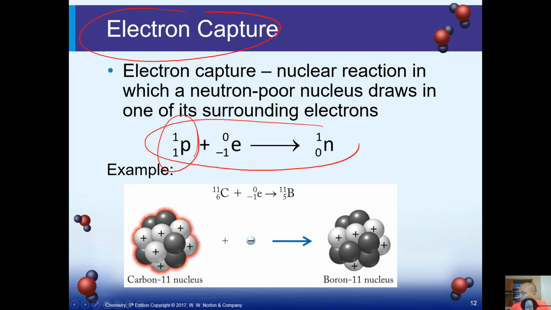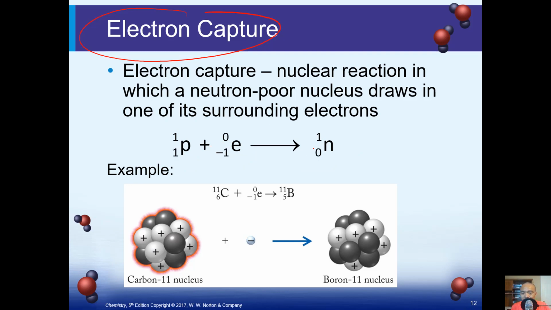So a proton reacting with an electron gives you a neutron. As you can see, the nuclear reaction is balanced because the superscripts added together are the same on both sides. Same for the subscripts. 1 plus -1 gives you 0.